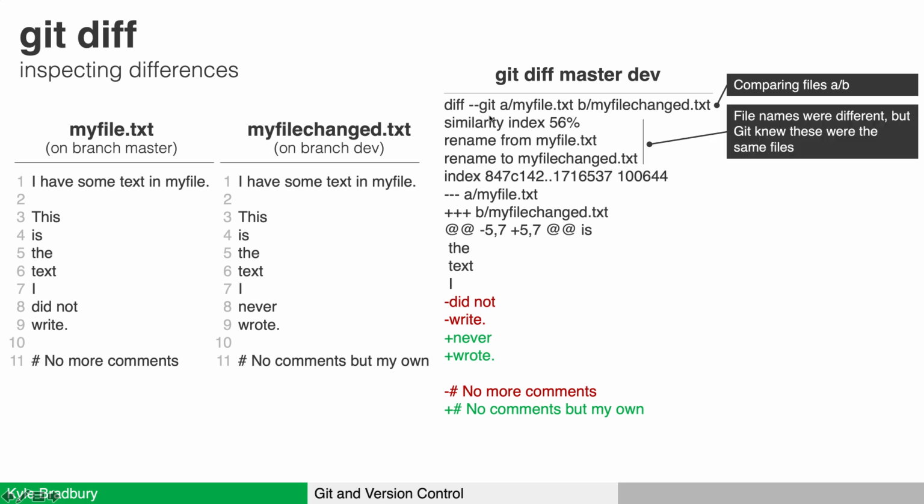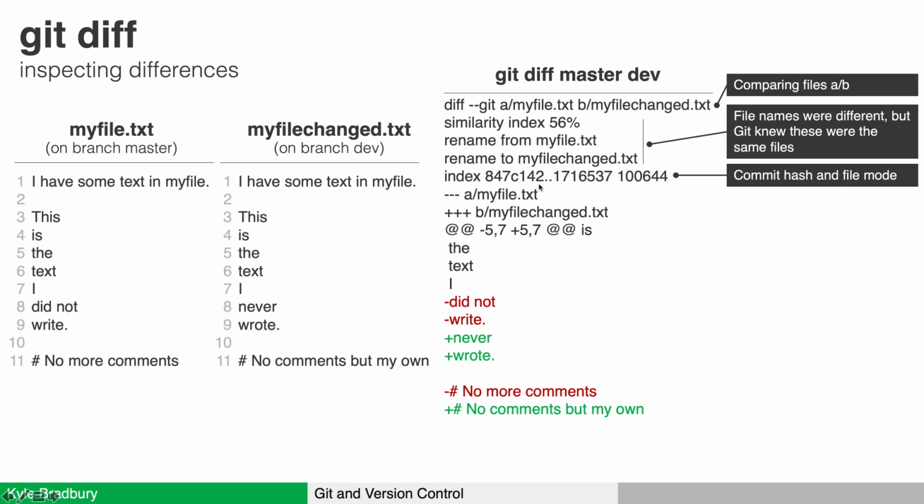It also says that the similarity index between these two files is about 56%. Since that's high enough, Git knew that these were the same file, just renamed. So it said rename from myfile.txt to myfilechanged.txt. So it actually recognized that along the way.